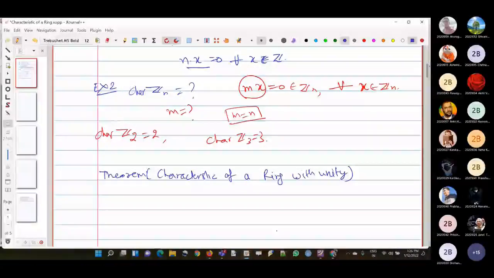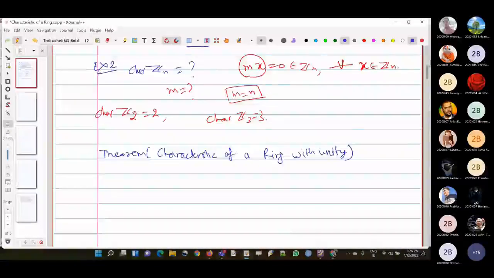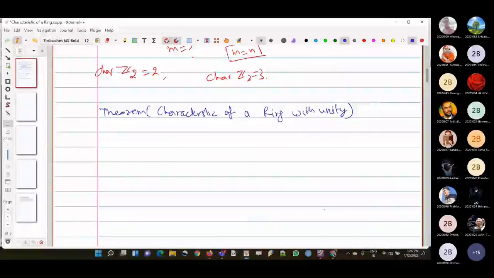So here we are considering the characteristic of a ring with unity, that is, with multiplicative identity. If there is an identity, then things become simple.